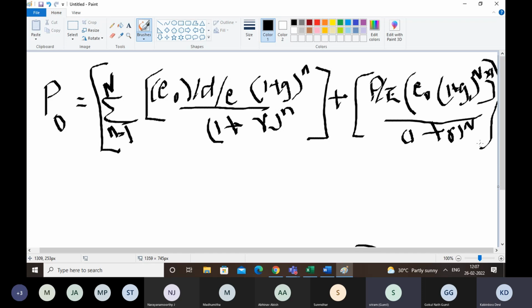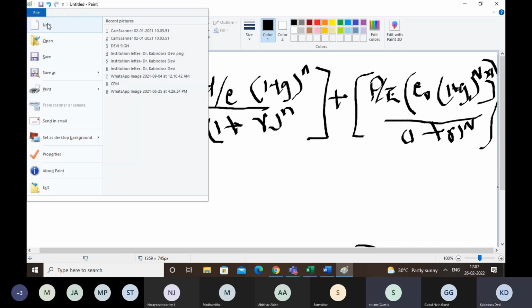I have posted in the group. This is only for your knowing purpose. This actually goes by 3-4 steps, so it may not be asked all the time. That's for your knowledge sake. Now I'll teach you the constant model, which is very easy. You can copy the formula from the group.